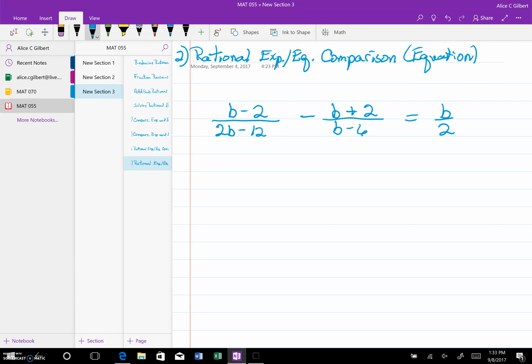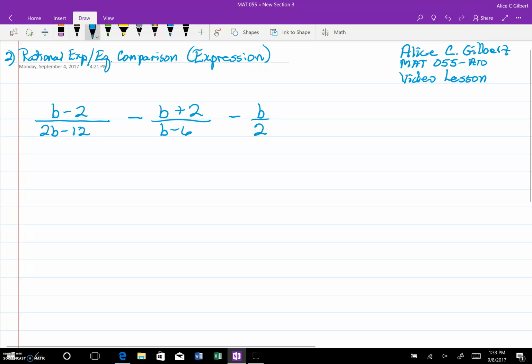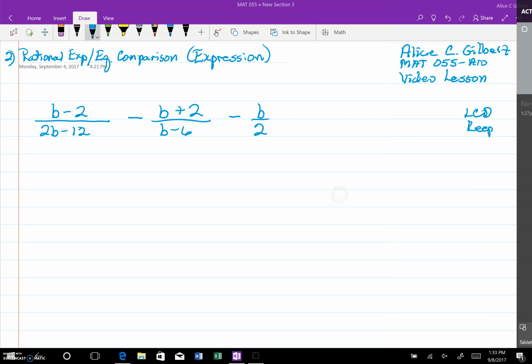Remember, an expression, we are going to simplify, and we use an LCD, and it means we keep the denominator. We simplify.